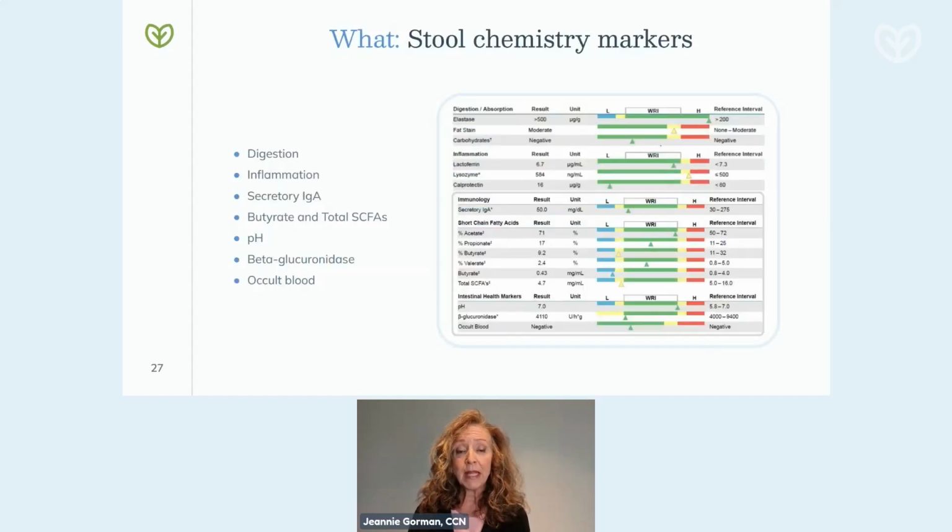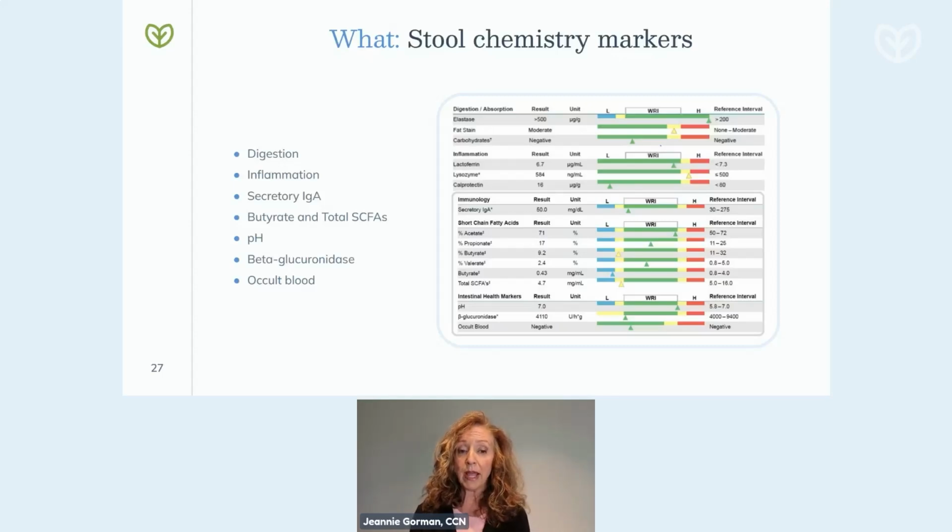Stool chemistries, finally, covers several different areas, starting with digestion and absorption. That is a great measurement, especially for the elastase, which is an exocrine pancreatic sufficiency marker. We have inflammation markers. Some are very specific to the IBD patient, but can also relate to non-IBD situations like food sensitivities, with the lysozyme or an organism with the lysozyme.